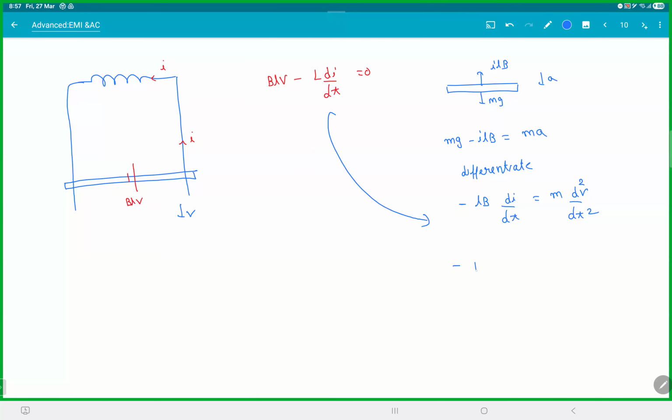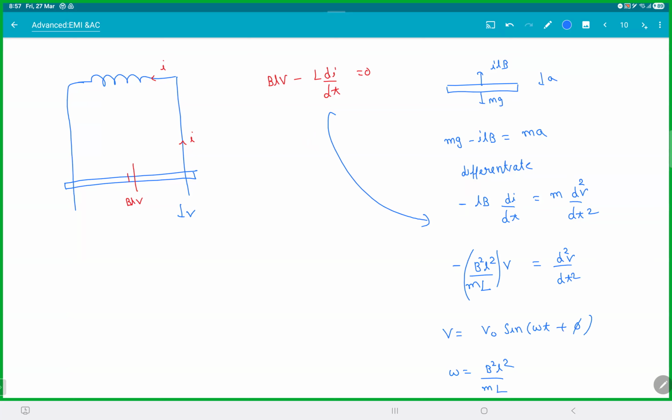This will become B square L square, capital L, into v by mass is equal to d square v by dt square. You can clearly see this is your SHM. So v is equal to v naught sine (omega t plus alpha), right, where omega is B square L square by ML.